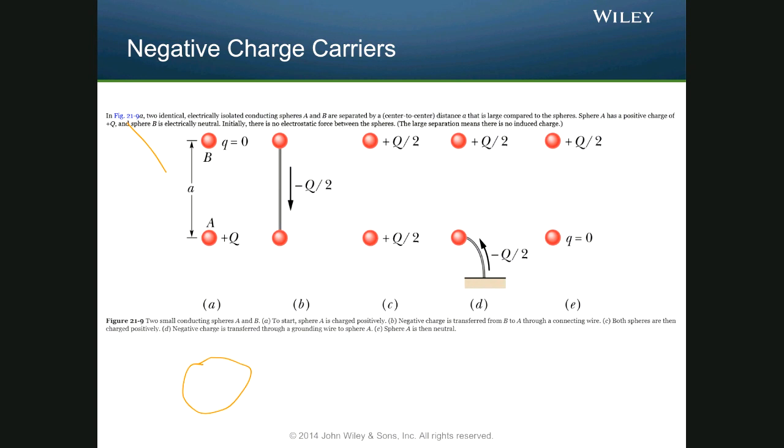Now B is electrically neutral, but that doesn't mean charges don't exist. It just means that we have charges sort of everywhere, right? And we have negative charges in here and positive charges, but you'll notice if you counted them up, you get 0. Now, sphere A has lots and lots and lots of positive charges.